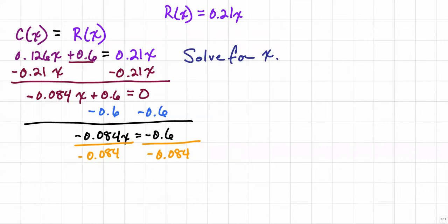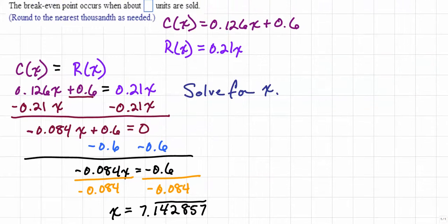We want the x to remain on the left hand side of the equation. When dividing this out, we end up with x equal to a positive 7.142857, and that is a repeating decimal. All 6 of those numbers to the right of the decimal point will repeat.